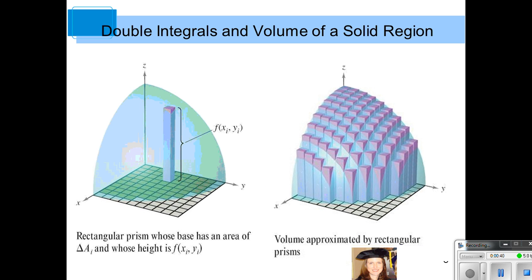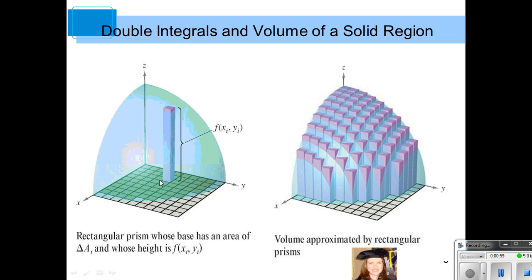One way to estimate the volume of a solid region is by slicing it into rectangular prisms where they kind of look like French fries. You can find the volume of each of those individual fries, if you will, by finding the area of the base times the height.